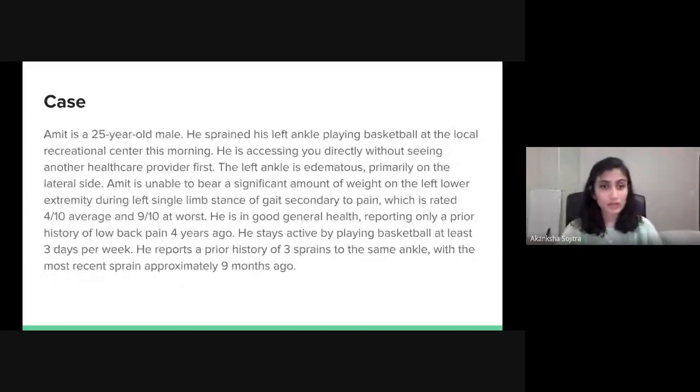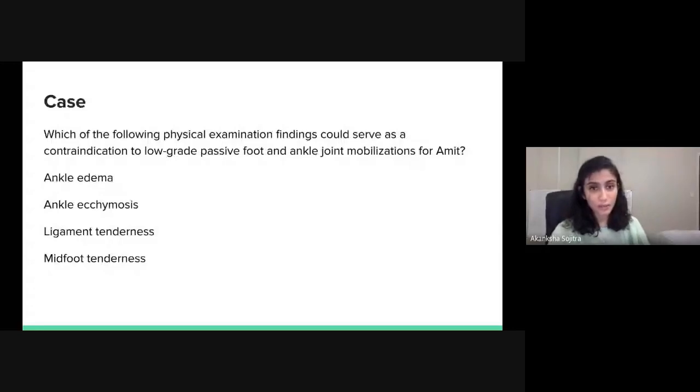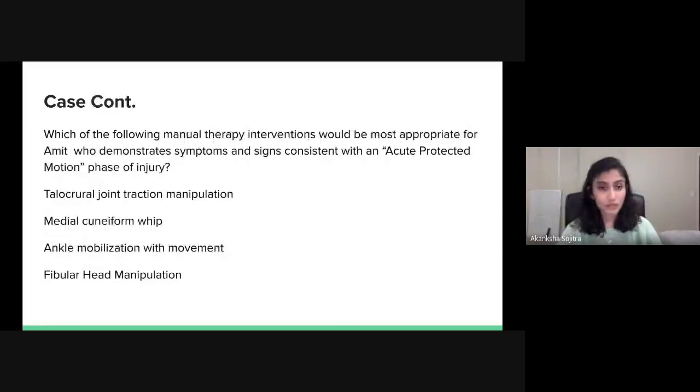A 25-year-old who sprained his ankle playing basketball, with 4 out of 10 average pain and 9 out of 10 worst pain with walking, and there's some edema, some tenderness, and ecchymosis. So which of the following findings would be the contraindication? And what would you use in this patient for an acute protected motion phase when they present acutely?